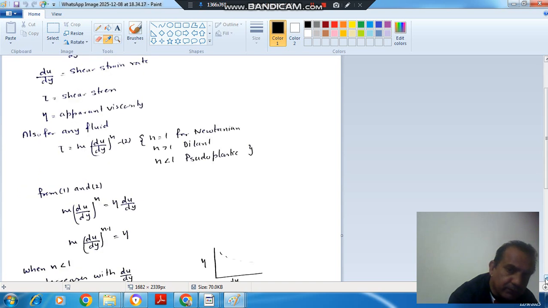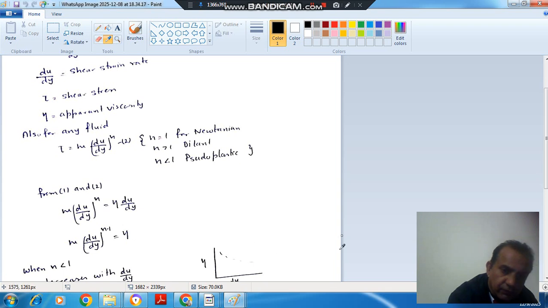When n is greater than 1, it is dilatant, and when n is less than 1, it is pseudoplastic. If we equate these two at that instant, then mu (du/dy)^n will be equal to apparent viscosity into du/dy, or apparent viscosity will be equal to mu (du/dy)^(n-1). This is a constant value, but this is variable.